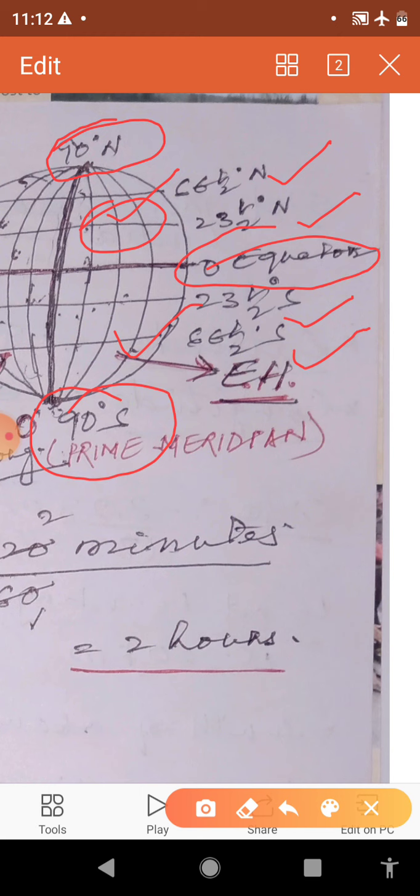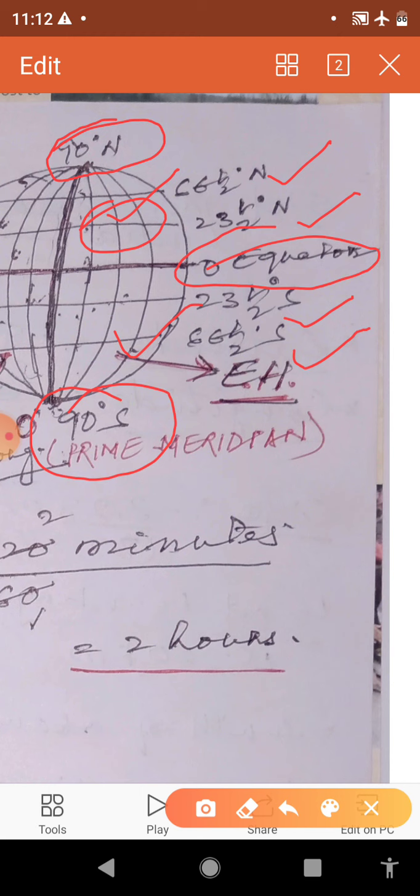The area between 23.5 degree north to 23.5 degree south is known as the torrid zone, or if you want you can call it the tropical zone. In this zone, rays of the sun remain vertical throughout the year.